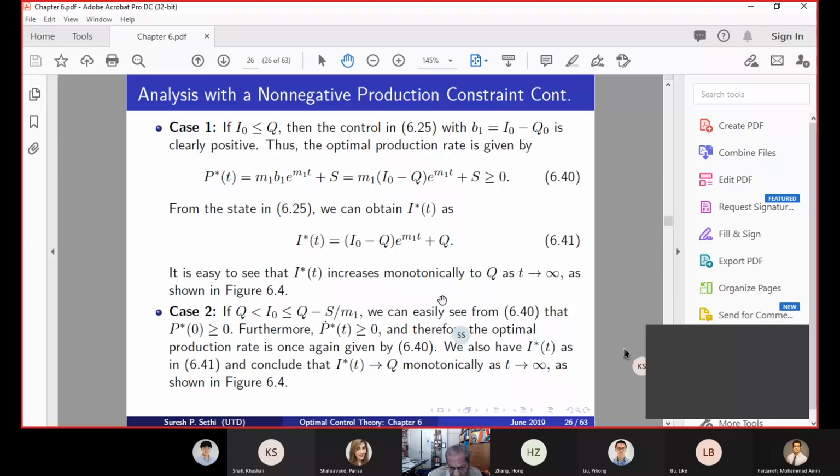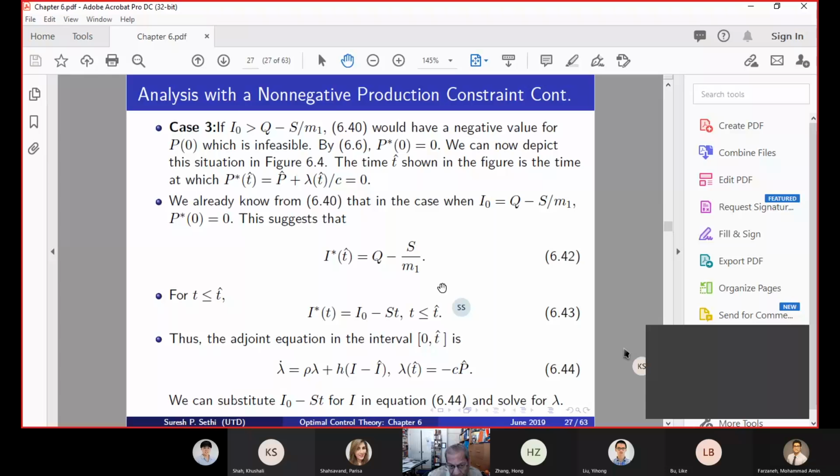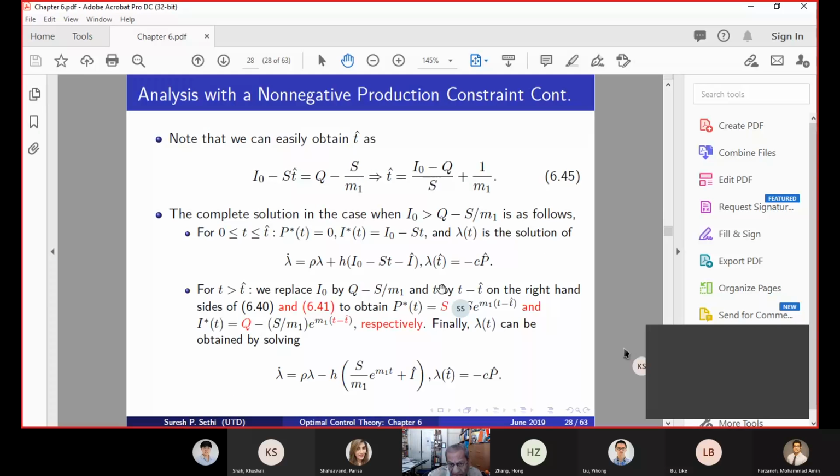This is the same equation here, so we can find the 6.40 and 6.41 and substitute, sorry, substitute for t minus t hat, so we get p star t like this and I star t like this.